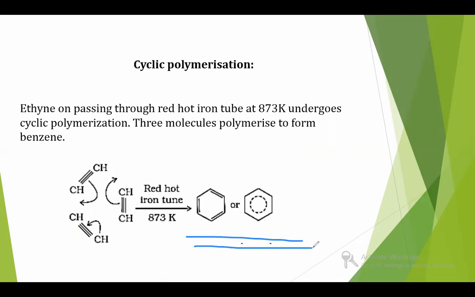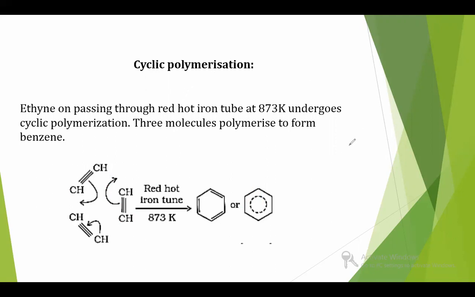This is cyclic polymerization. We will continue from here. Cyclic polymerization and aromatic hydrocarbons will continue in the next session. So in this session, what we studied from the alkynes: how the triple bond is, what is the type of bonding, what is the general formula. The homologous series we studied in the beginning.